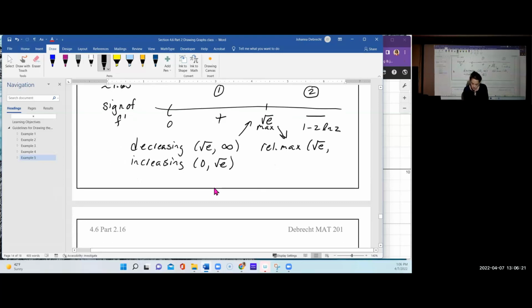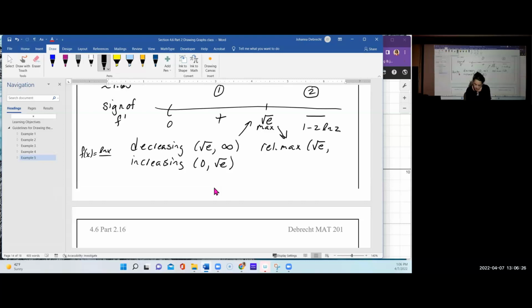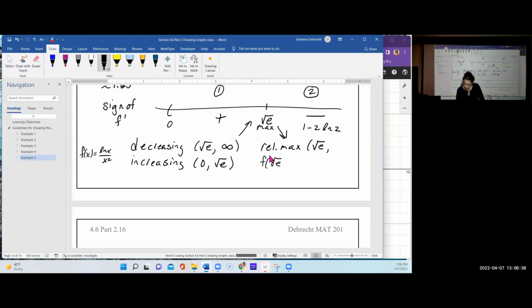So plugging in my square root of e, I have the function value at square root of e, which is equal to the natural log of the square root of e, or e to the 1/2 power, over the square root of e squared.